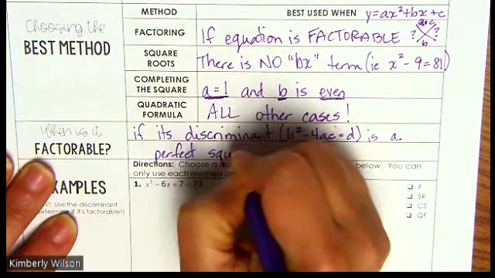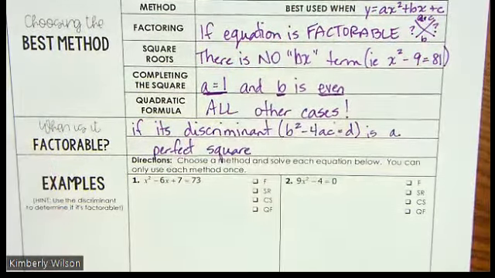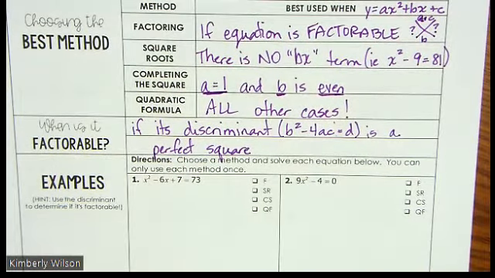So if the discriminant is a perfect square, then that means it's factorable. Okay, let's look at some examples of what these different types of problems might look like.